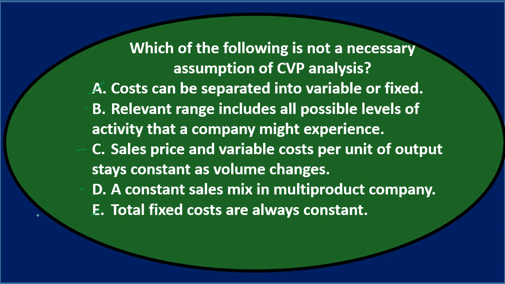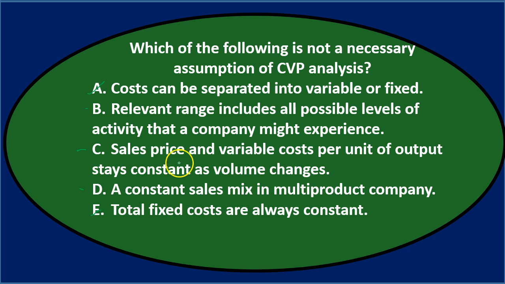Which of the following is not a necessary assumption for CVP analysis? Not a necessary assumption. B, relevant range includes all possible levels of activity that a company might experience. Or C, sales price and variable cost per unit of output stay constant as volume changes.